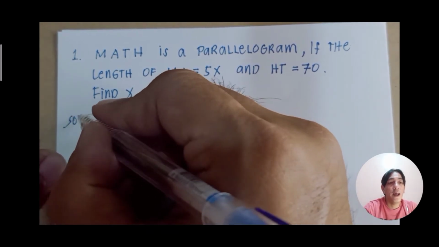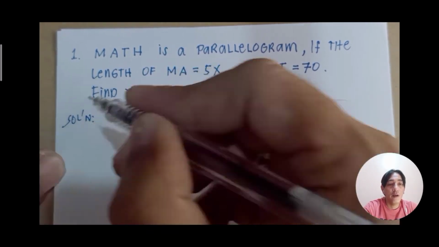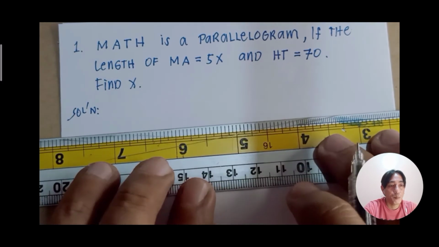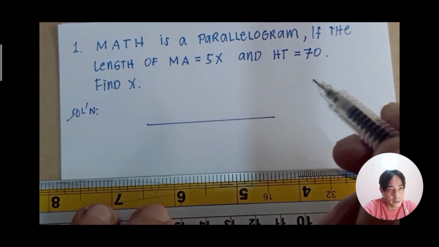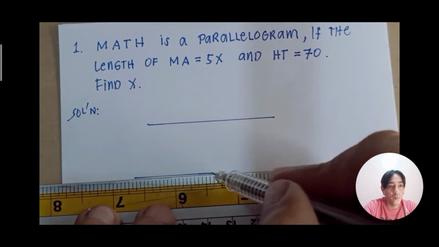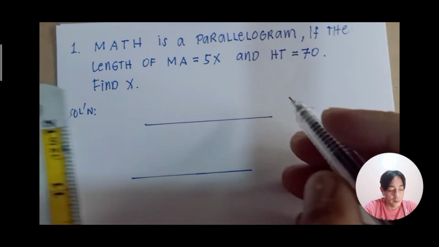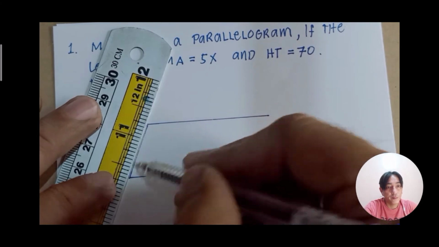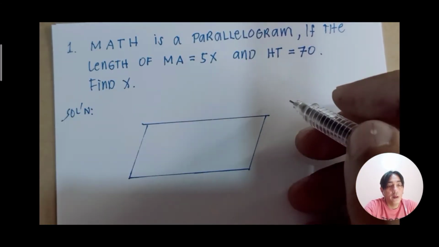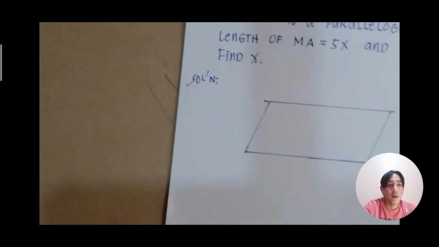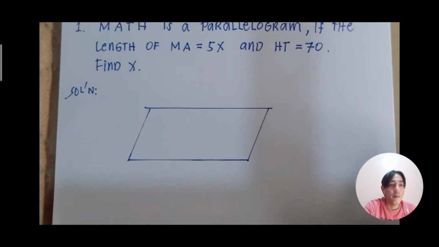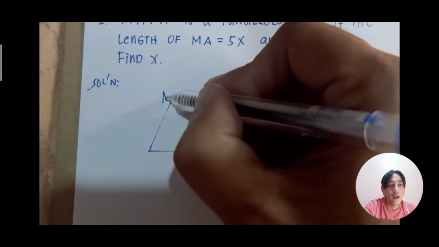So, mag-draw muna tayo ng parallelogram na MATH. Okay. So, label natin, magkakasunod naman yung vertex na yan, MATH. So, lagay na natin yung M dito.